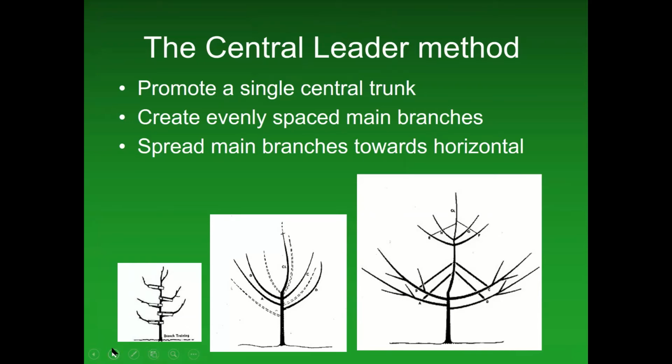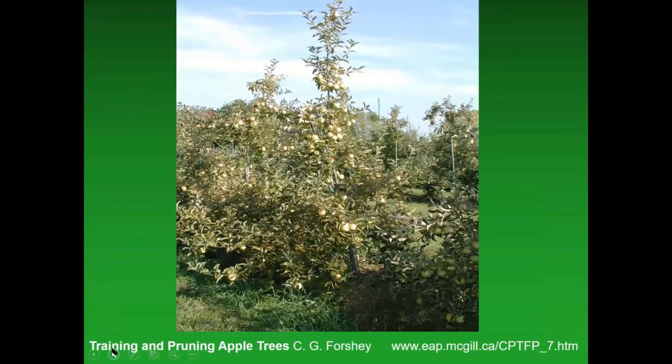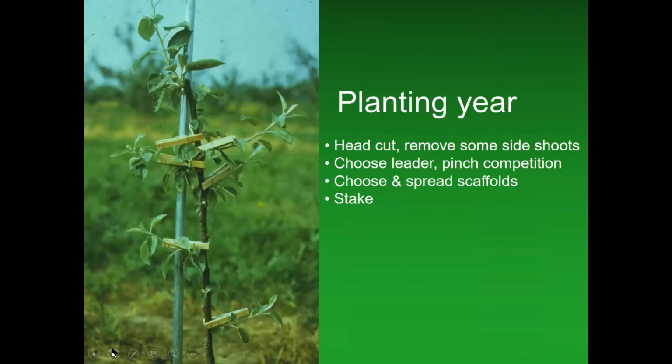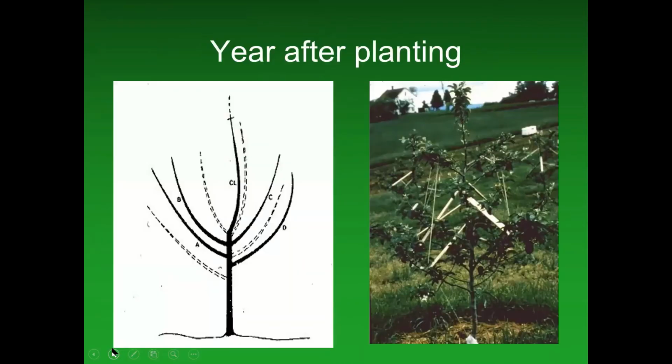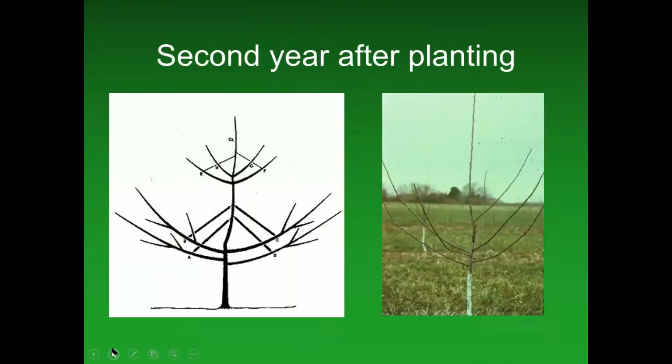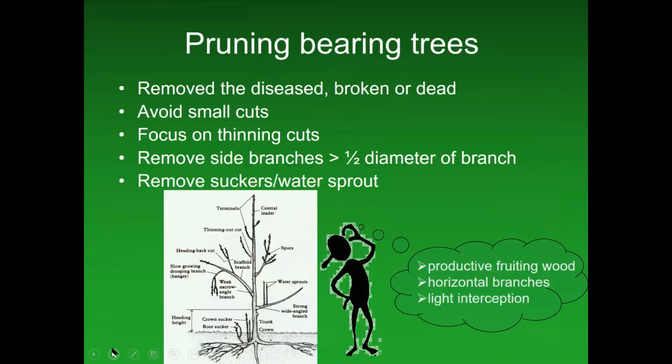It often doesn't look exactly like that, but you want evenly spaced main branches, scaffold branches, and have those scaffolds be towards horizontal. This is an example of the clothespins, pushing those branches down. That's not a particularly good one.